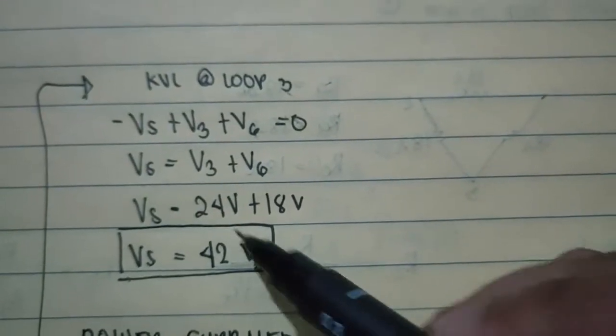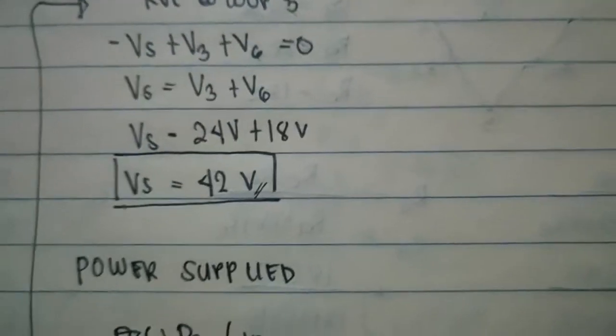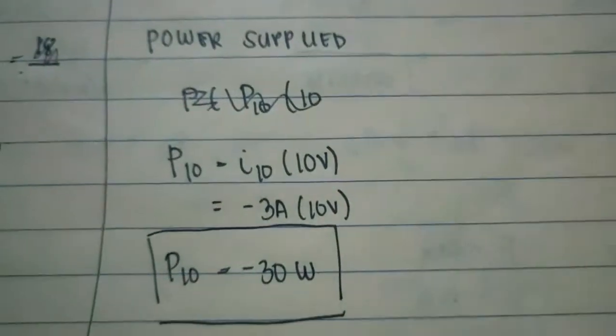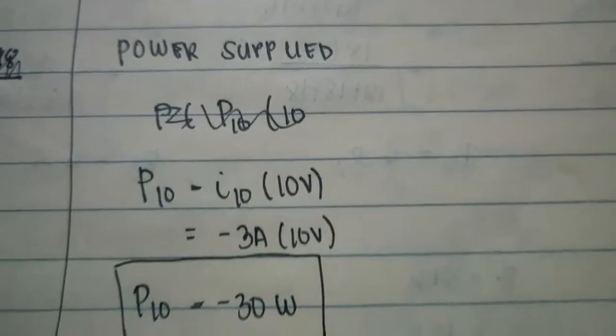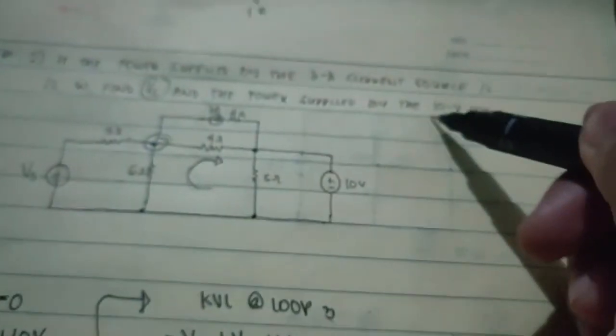After we found our Vs, we can now solve for the power supplied. P is equal to amperes times volts. So P10, because the power supplied by the 10 volt source is given in the question.